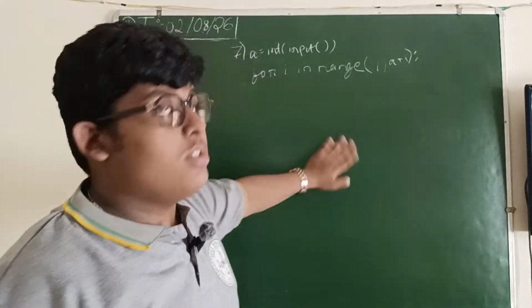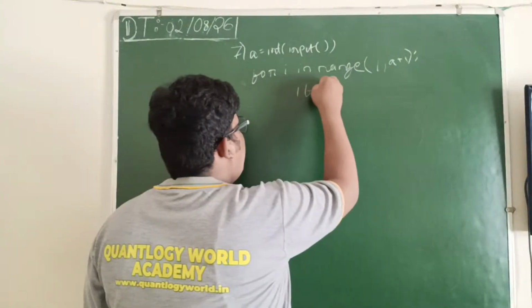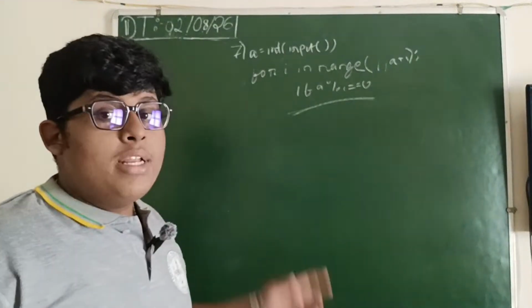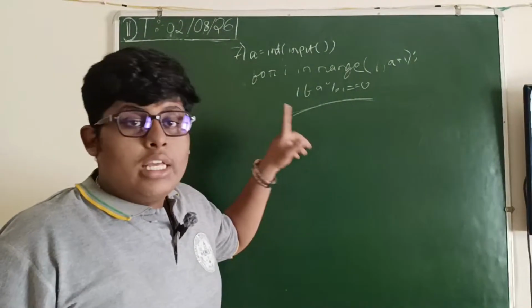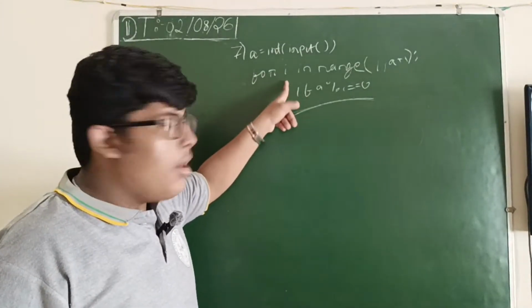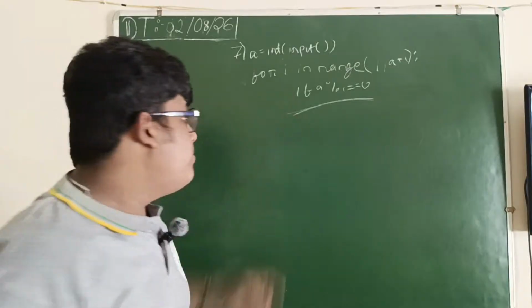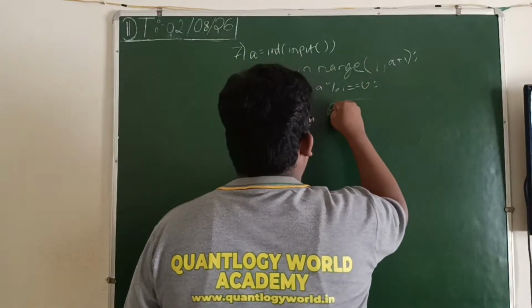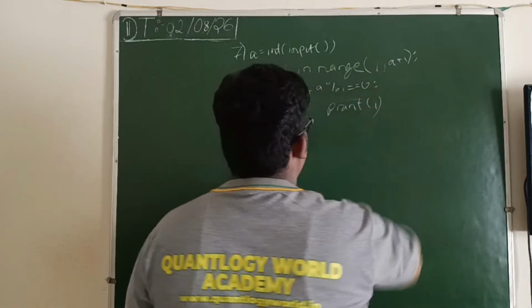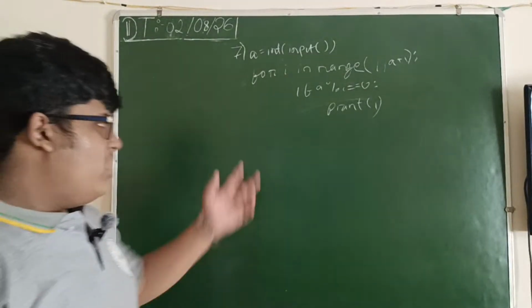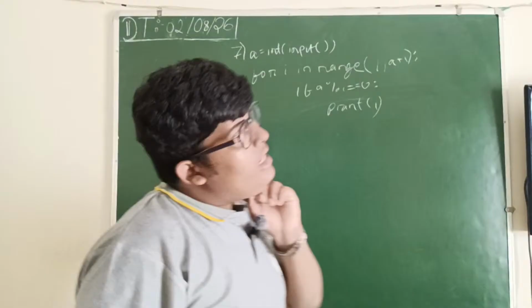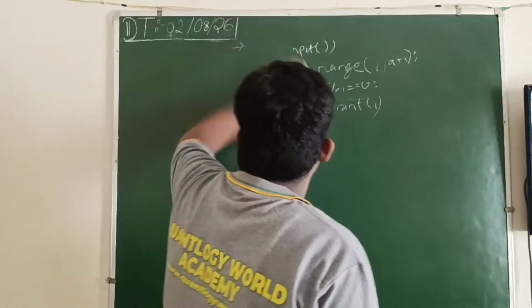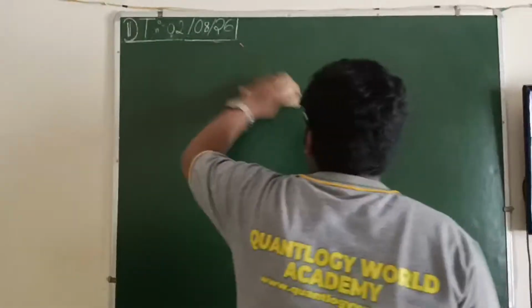Then if a percent i double equal to 0, this statement checks whether the number is divisible by i or not. If yes, then that i is a factor of a, otherwise not. So if a percent i double equal to 0, then print i. This is the simple logic. This is a very small and easy program. Generally, this type of program comes as output based for 2 marks only. Sometimes it comes as an MCQ also, but that varies.